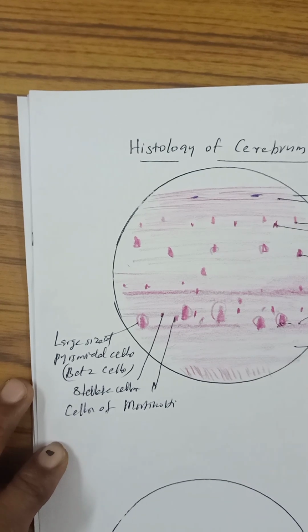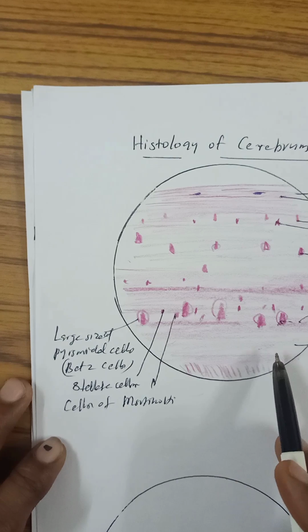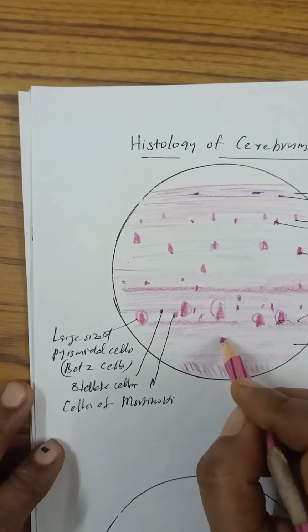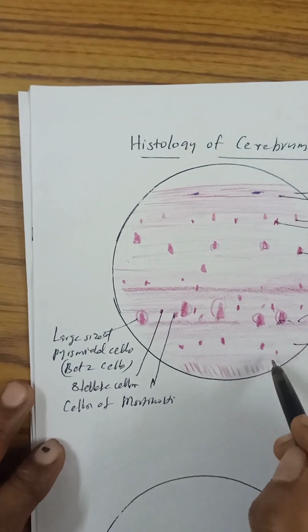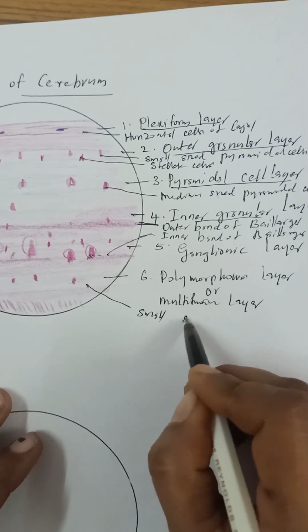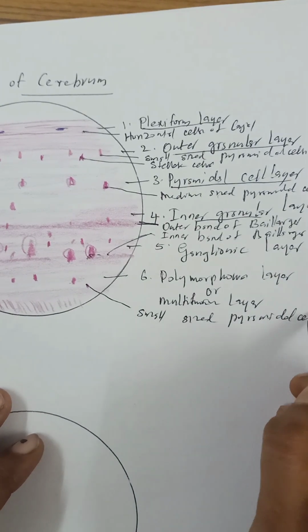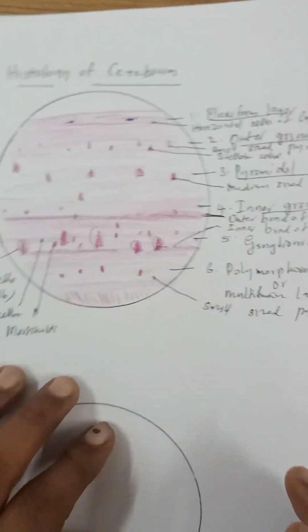Then next one is this multiform layer. So there we will get small sized pyramidal cells. Along with that we will get some stellate cells, and again the cells of Martinotti and fusiform cells.